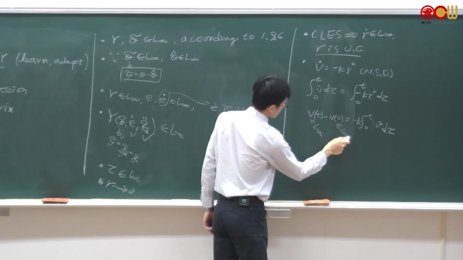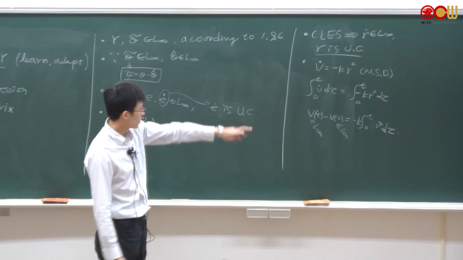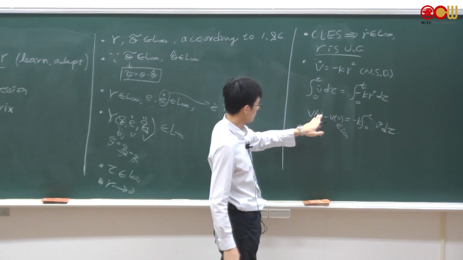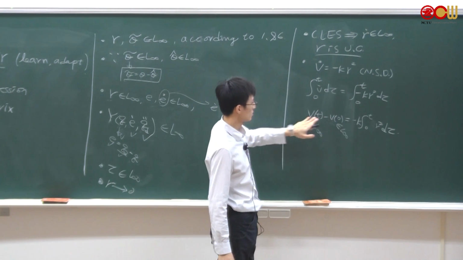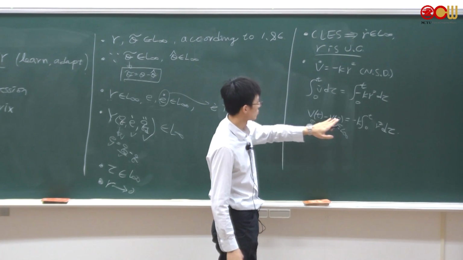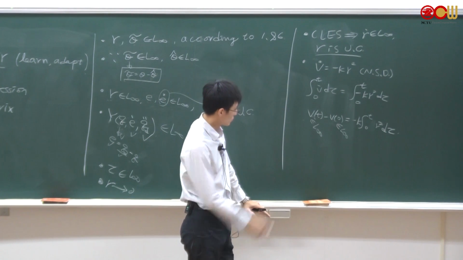This is bounded, right? Because V cannot increase, it only decreases. So given some initial condition, this will always be between this value and 0, because P is PD and the largest value is V0. So this has to be bounded. Both will be bounded.